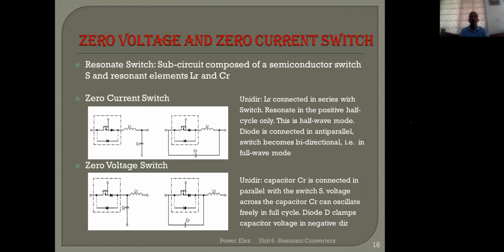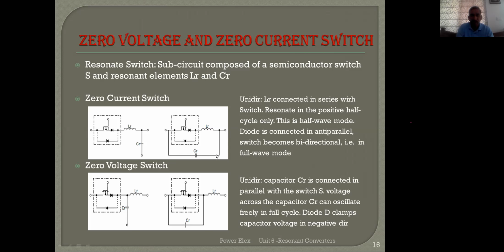So this is what zero voltage and zero current switching is about, also referred to as soft switching. Means what to do whenever you want zero voltage switching: clamp a diode to the capacitor so that the voltage will not go negative. When you want zero current switching, have this capacitor, if you want a full wave operation, across the entire combination of switch and LR.